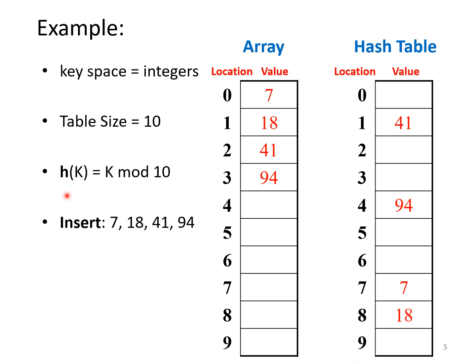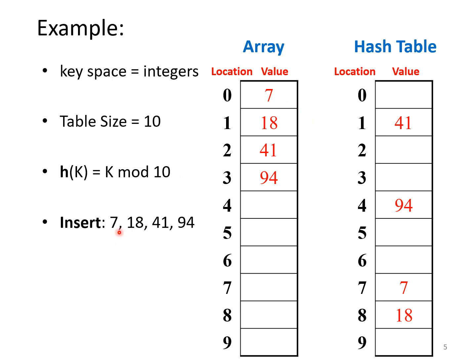Here in this example, we have taken the simplest hashing function, that is the mod operator. h of k is equal to k mod 10, where k is the key value. Now, we want to insert the values 7, 18, 41 and 94 in the array as well as in the hash table. Now, let us see how we can insert these values in the array.